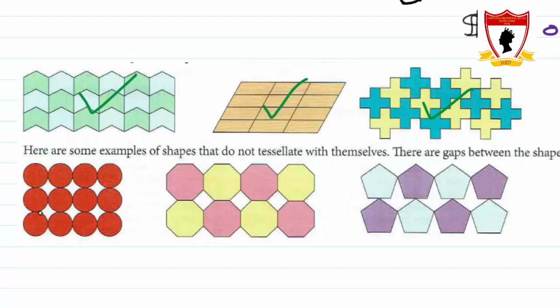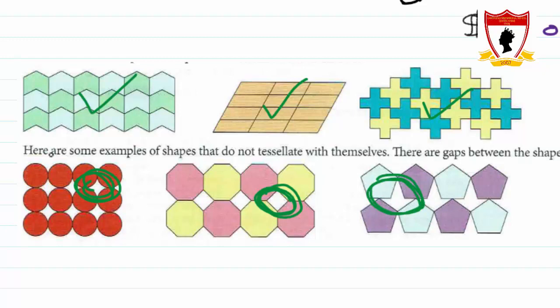But in this group, none of them are tessellation. Circle cannot be tessellated because when you put circles together, you see gaps between them. Octagons alone cannot be tessellated because there is a gap between them when we fit them together. Pentagons cannot be tessellated because there is a gap between them when we fit them together.